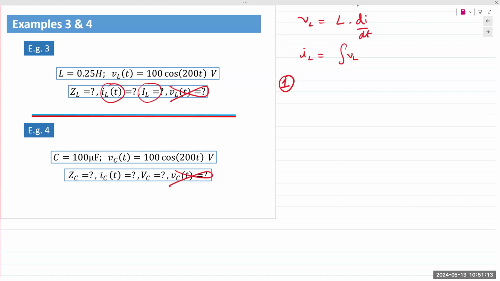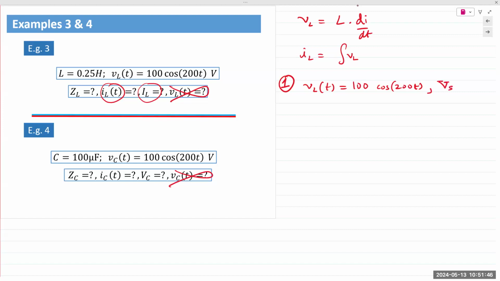Okay. So when you have this kind of expression, you have a voltage given to you or a current given to you as a time varying expression. The first thing you do is to compare it to the standard expression and extract the values for the three quantities, Vm, omega, and the phase angle. So 100 cos 200t, you can write the phasor for that.